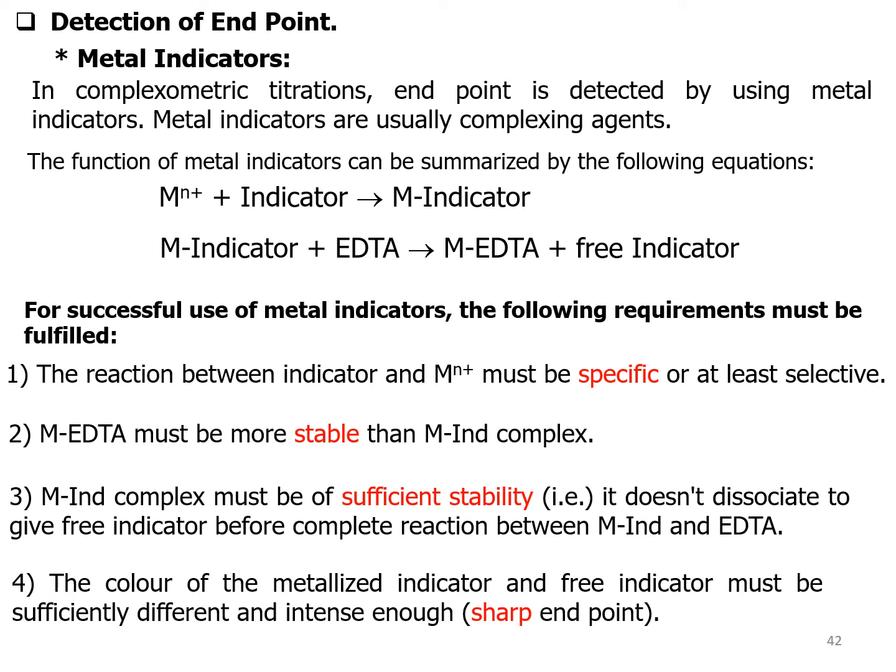Number 4. The color of the metallized indicator and free indicator must be sufficiently different and intense enough, giving a sharp end point. So I highlighted the most important wording in each point: specific, stable, sufficient stability, and sharp endpoint, the 4S rule.